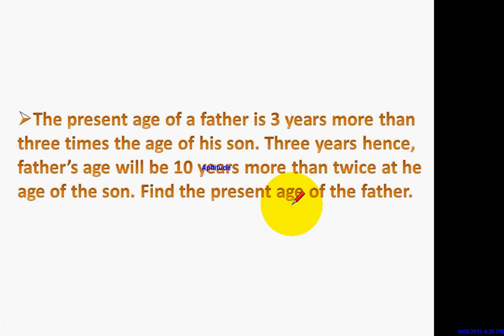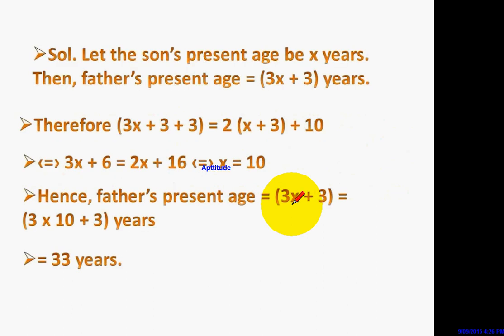Always assume the age of the younger person as x and try to understand if it is 3 times more than, or twice, or after 3 years or before 3 years. So come to a conclusion, and if it is before you need to subtract, if it is after you need to add, if it is twice you have to multiply the age by 2, if it is thrice you need to multiply the age by 3. It goes on like this. Okay. So once we solve 1 or 2 problems, then you will be much more familiar in framing the equation.